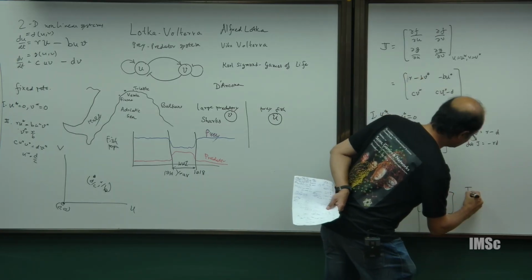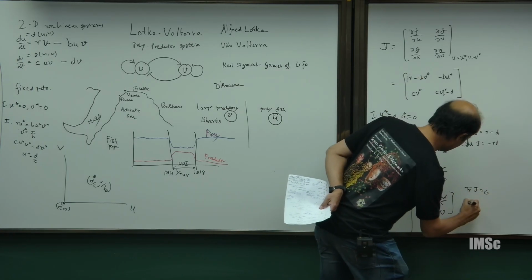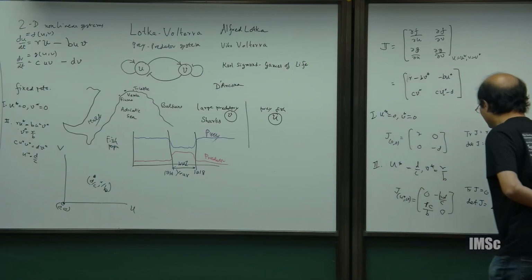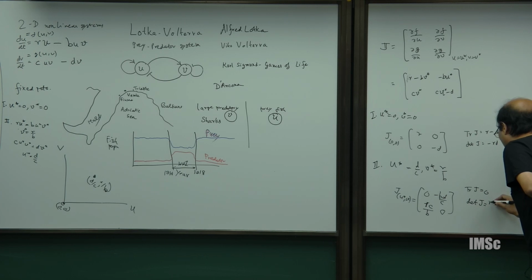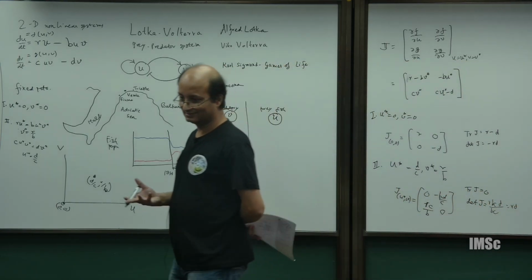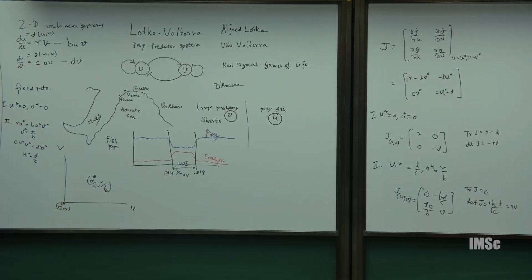Okay, so now trace J equal to 0 and determinant J is R B C D by B C, which is simply R D, okay, and R D is positive, so determinant is positive, trace is 0.